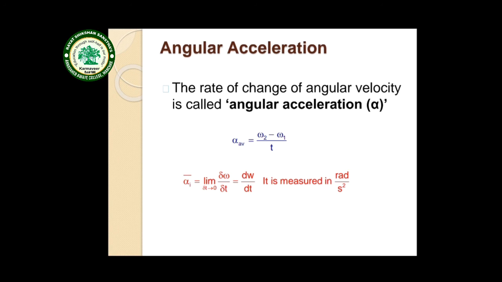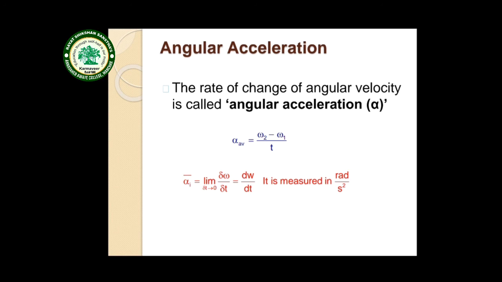The vector direction of the acceleration is perpendicular to the plane where the rotation takes place. If the angular velocity increases clockwise, then the angular acceleration vector points away from the observer. If the angular velocity increases counterclockwise, then the vector of angular acceleration points toward the viewer.